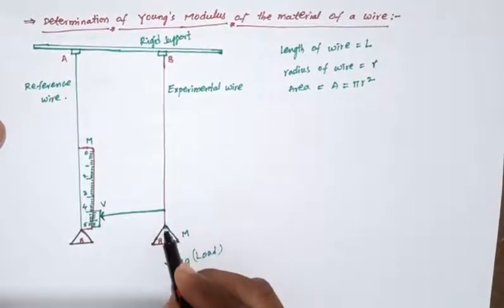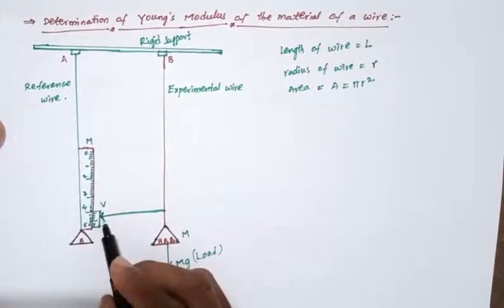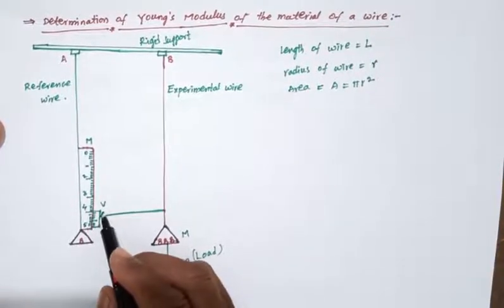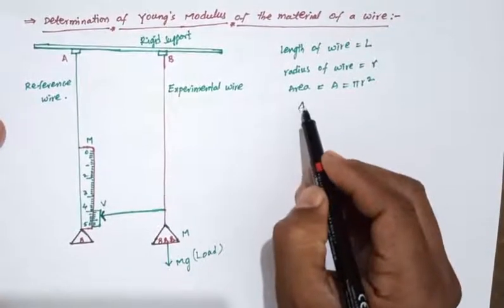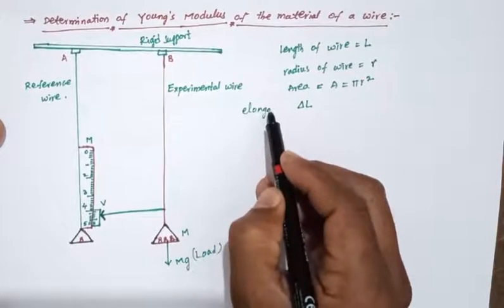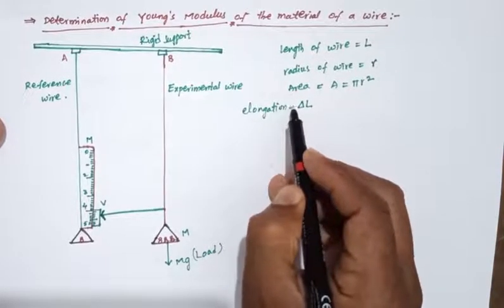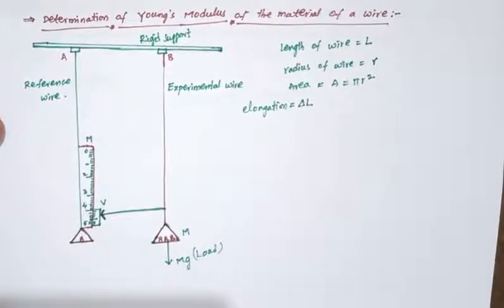The vernier scale gives the value of delta L. Delta L is the elongation. We can easily find it using the vernier scale.